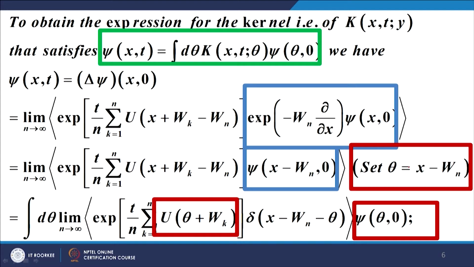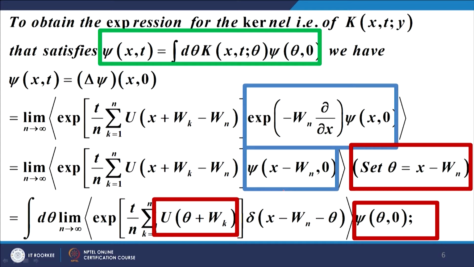We are changing x minus Wn as theta, and in order to implement that substitution, I introduce a delta function of x minus Wn minus theta. So that this integral operates now only over the expressions where theta equal to x minus Wn holds.